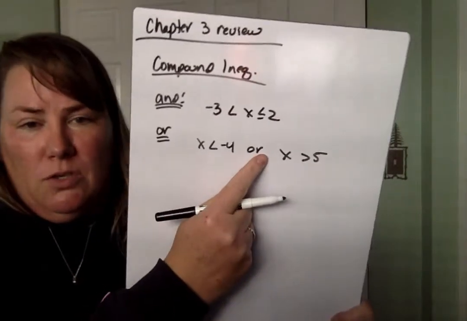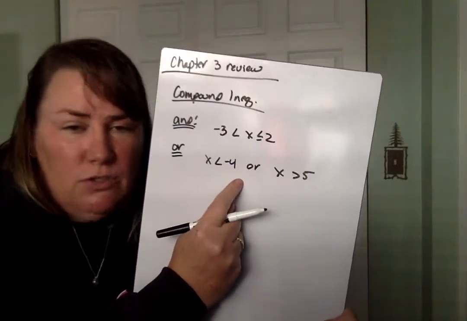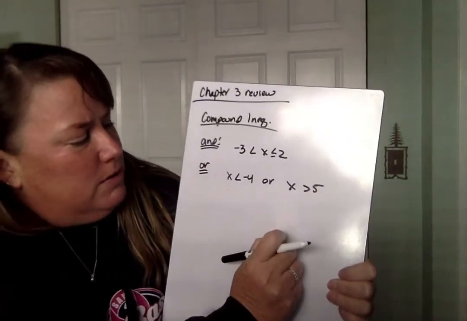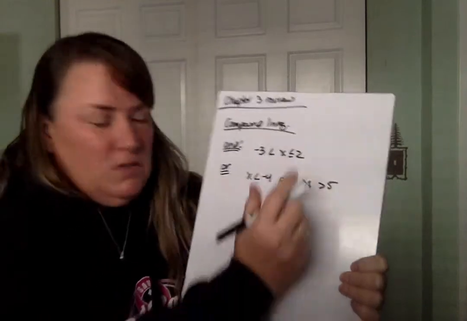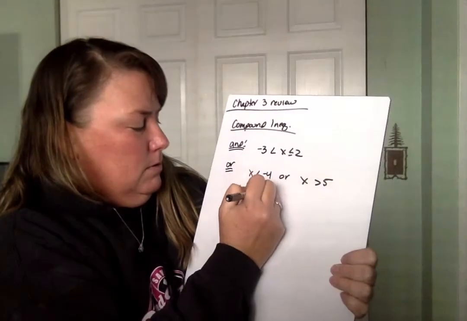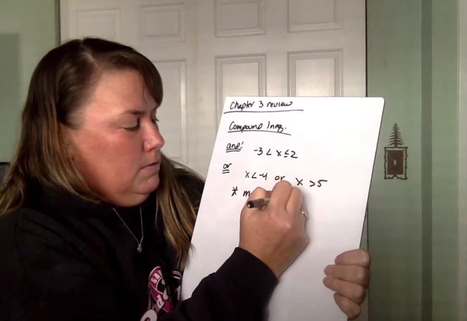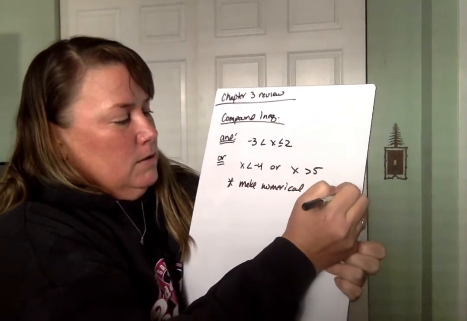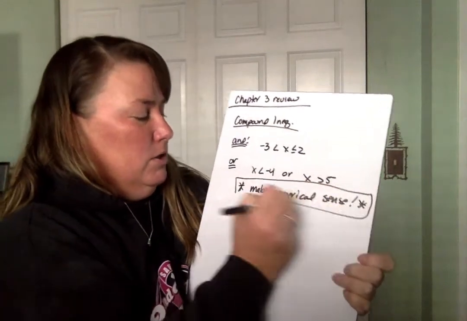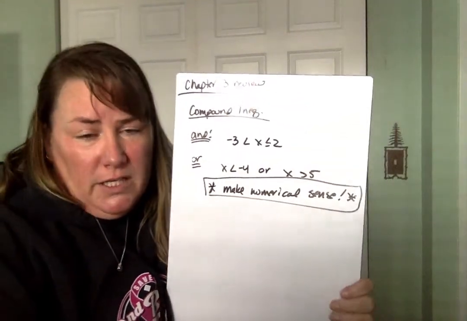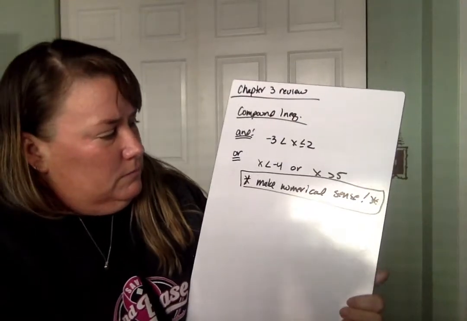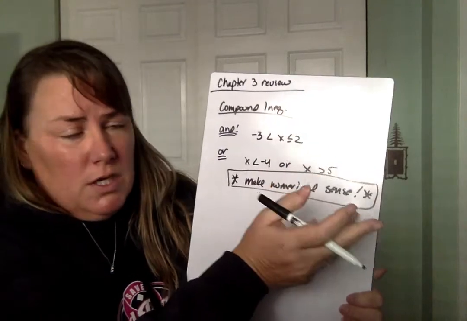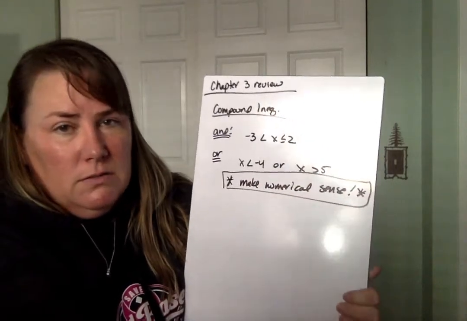So in your or compound, you have to have the word or in your final answer, or else you're going to get a point taken off. And also, when you write your compounds, make sure that they make numerical sense. So double check your final answer. Like if you had x is greater than 5 or x is less than -4, if you switch those places, you would get that wrong because it doesn't make sense.